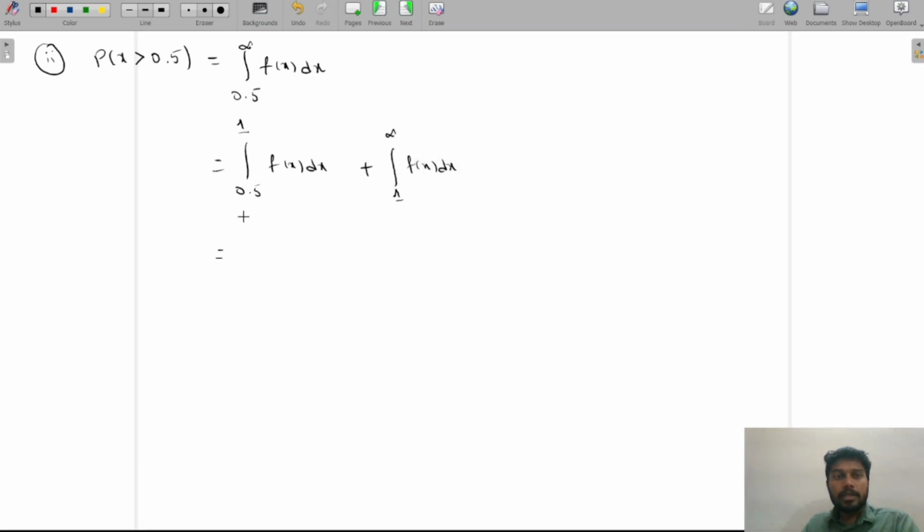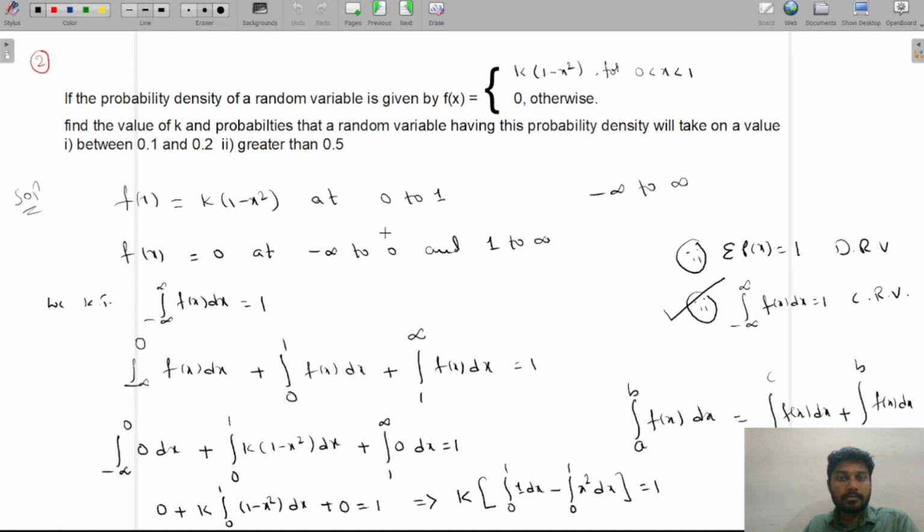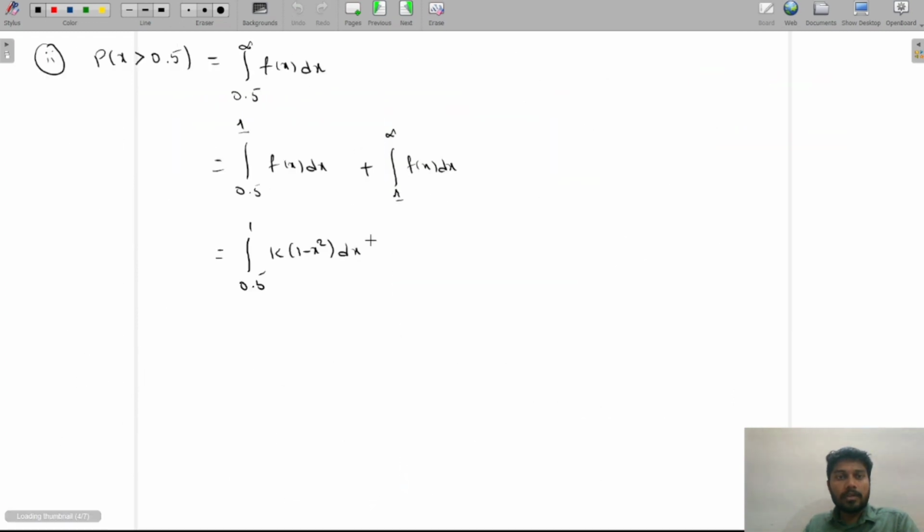Okay, so at these limits, what is the value of f(x)? As for my question, from 0.5 to 1, k into (1 minus x squared) dx is the value of f(x). Let's see. Yes or no? So now plus the integration from 1 to infinity.